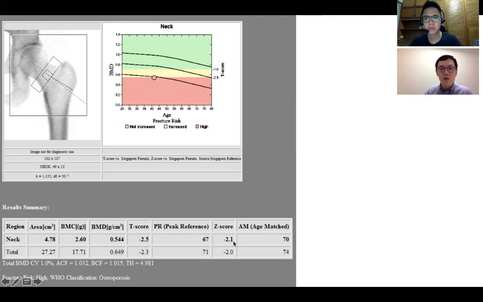The T-score compares that bone mineral density to that of a young woman between 20 to 29, and based on the T-score, we judge the score to be in the normal range, osteopenic range, or osteoporotic range. And then there is the Z-score, which compares that bone mineral density against the same age and gender that the patient is in.